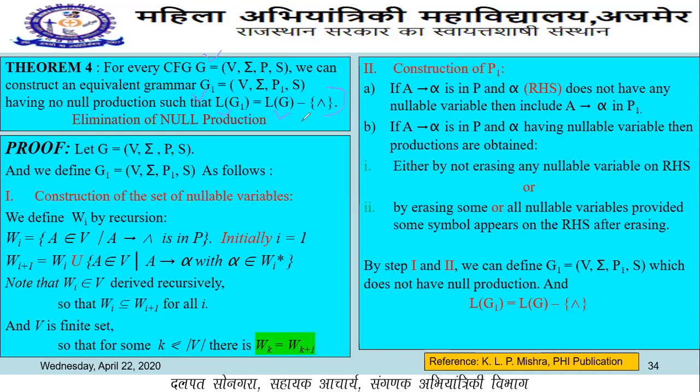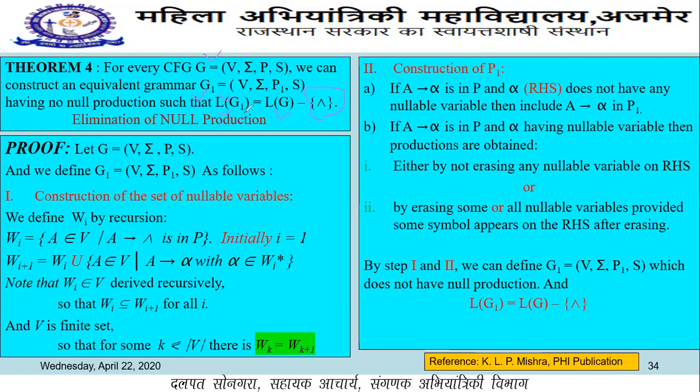It means that we construct an equivalent grammar G1 corresponding to G, and the language of G1 does not contain the null string which is available in the language of G. It simply means this.